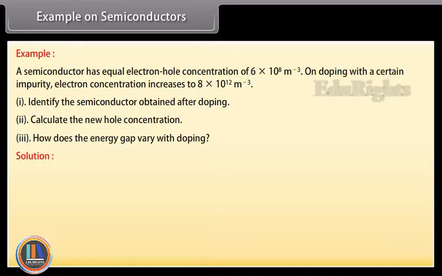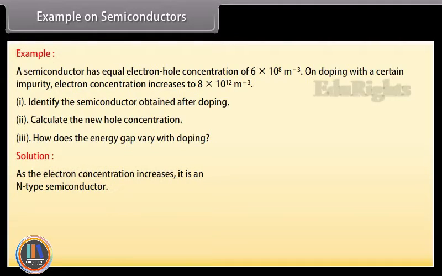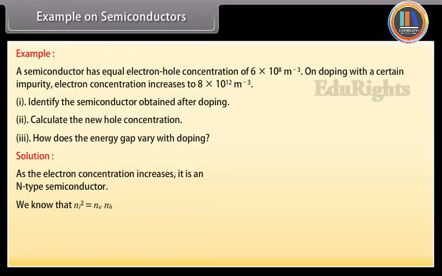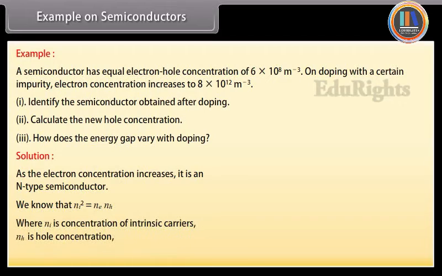Let's see the solution. As the electron concentration increases, it is an n-type semiconductor. We know that Ni² is equal to the product of Ne and NH, where Ni is the concentration of intrinsic carriers, NH is the hole concentration, and Ne is the electron concentration.